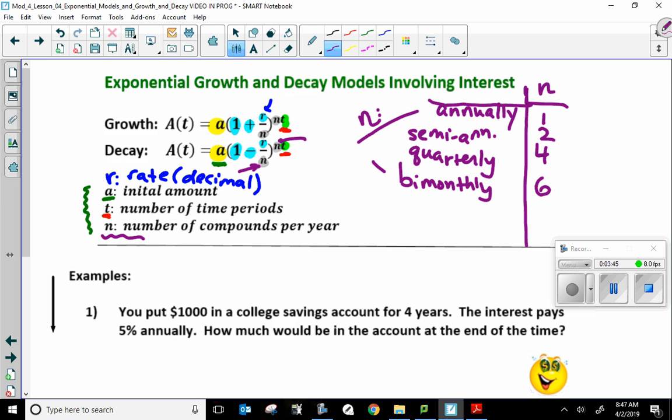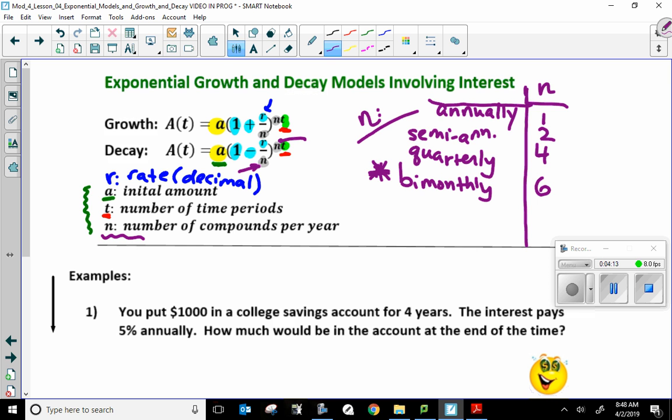Now, I'm going to put a little asterisk here because sometimes bi-monthly means twice a month. Like I get paid bi-monthly, twice a month. It used to mean every 2 months, and then slowly bi-monthly started to become twice a month. But it can mean either or. So I'm going to put an asterisk next to that. You're probably not going to see that.